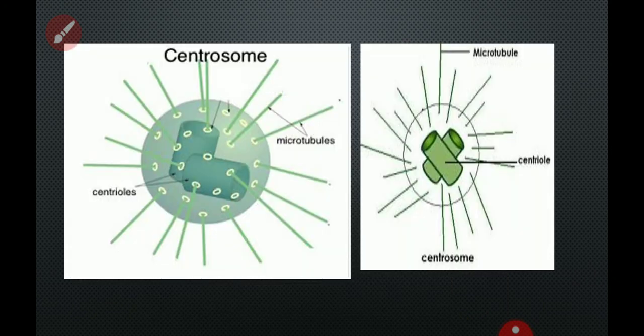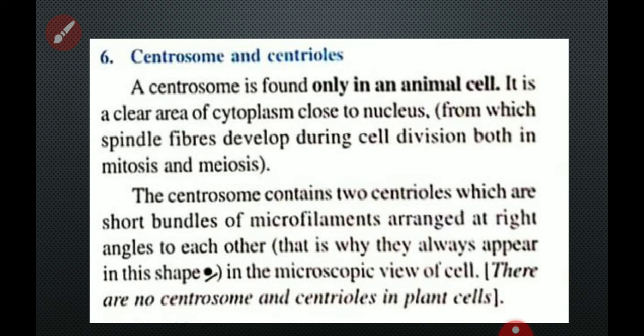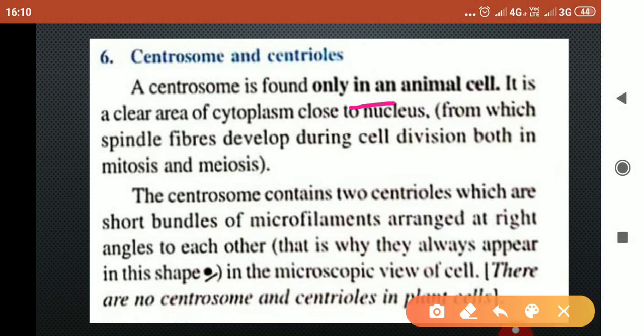So, children, you have seen this slide in the previous video also. Now again moving on to the next slide, and here the structure which we are going to discuss again is centrosome and centrioles. A centrosome is found only in an animal cell.